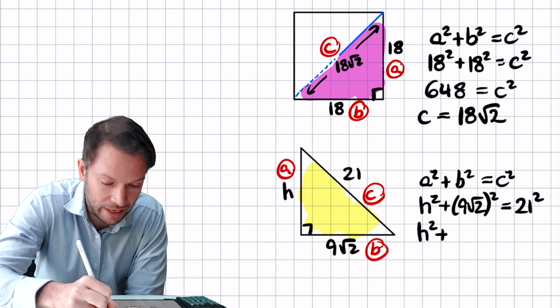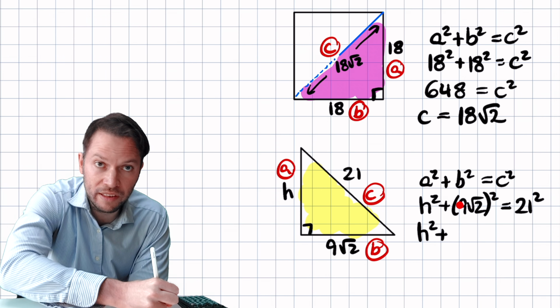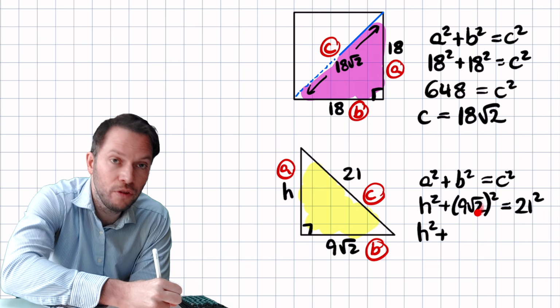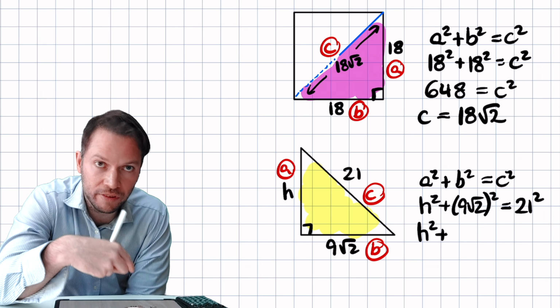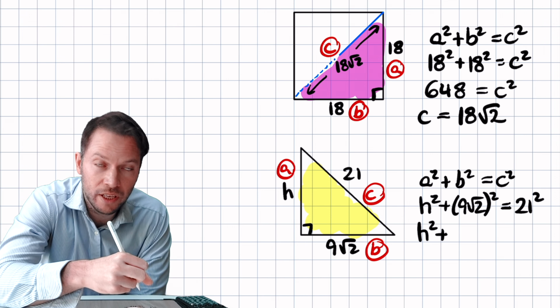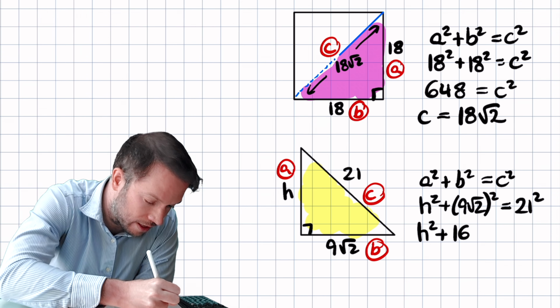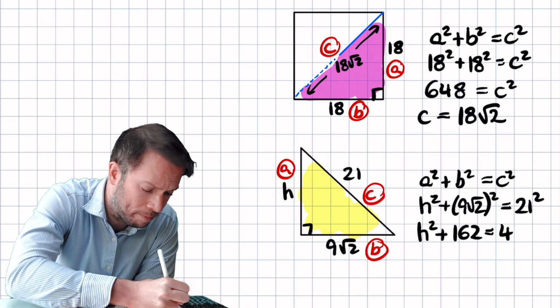Actually, we could just about do it in our head, because if you want to square the 9 root 2, you square the 9. 9 squared is 81. And root 2 squared, well, the squared cancels out the root. So root 2 squared is just 2. 81 times 2 is 162. So we get 162. And 21 squared, I believe, is 441.